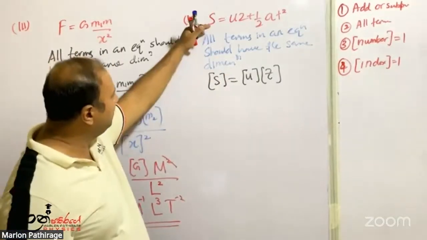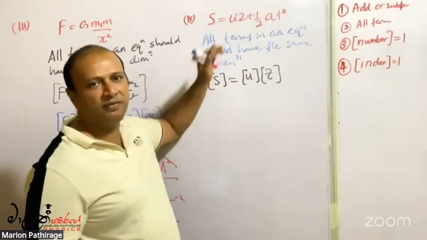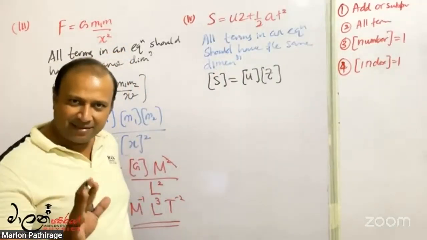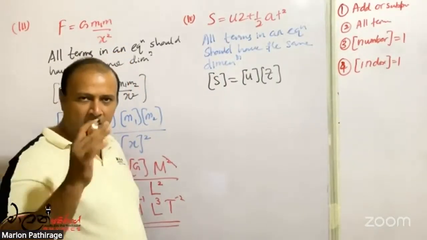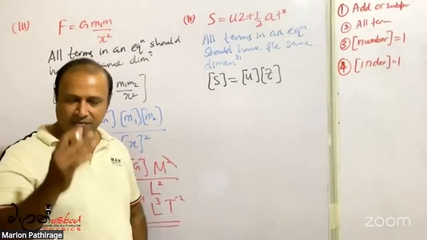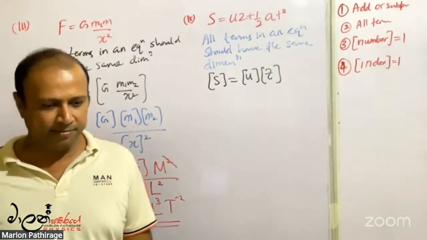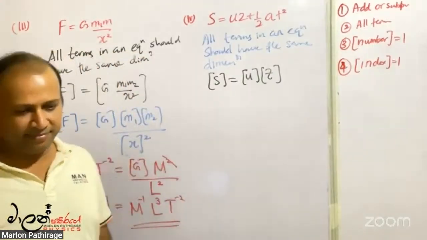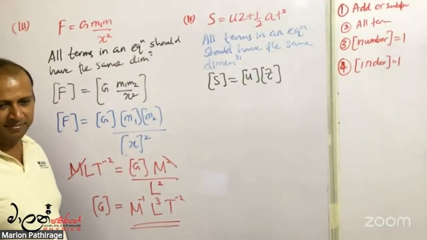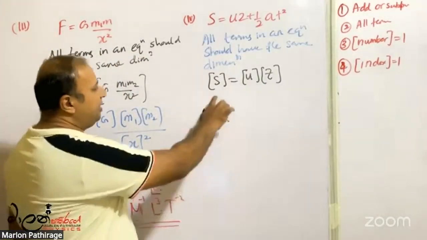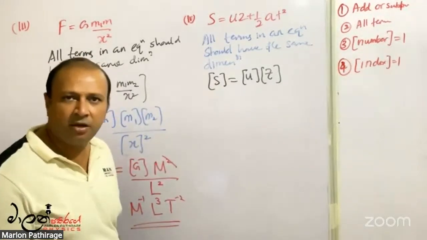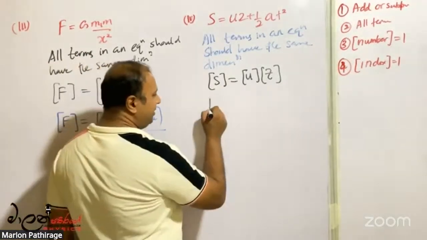Therefore, dimension of this term should be equal to dimension of this term. Is that clear? If this step is clear, please raise your hand. Thank you. Then dimension of S is equal to L.